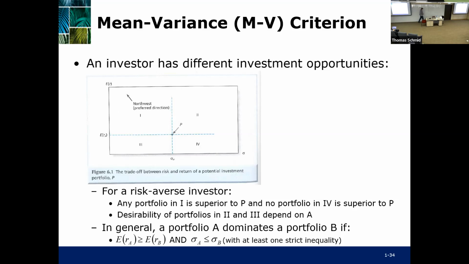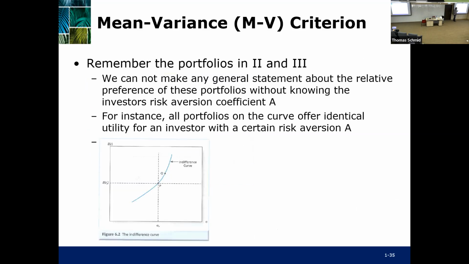So now we want to identify the risk-return combinations in areas 2 and 3 that are equally attractive for our investor as P. And we can do that by drawing so-called indifference curves. An indifference curve is a line that connects risk-return combinations that are equally attractive for one specific investor. Okay?